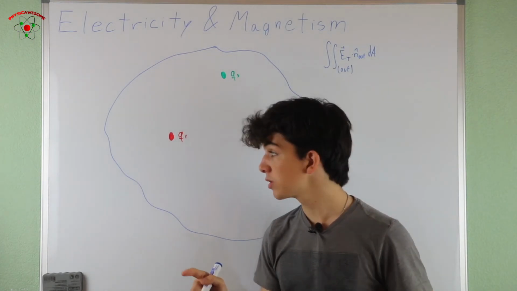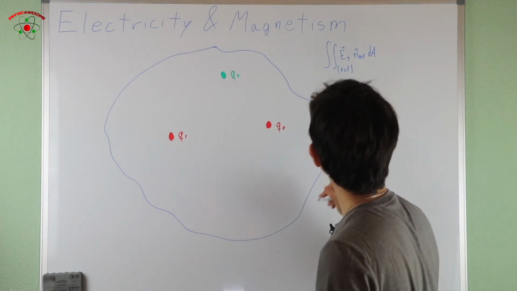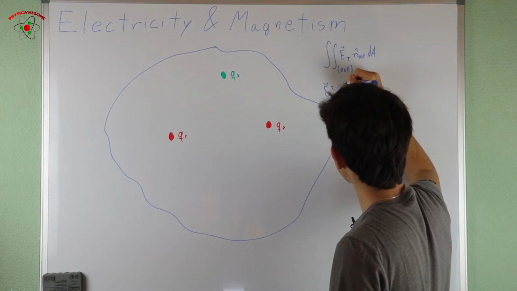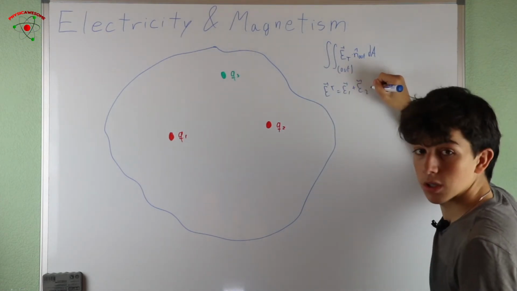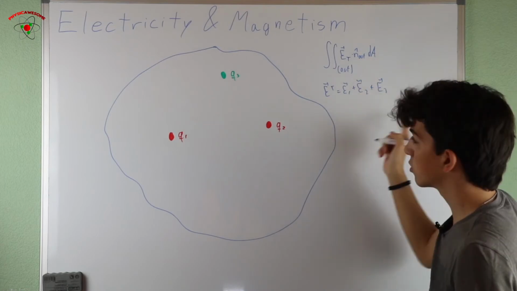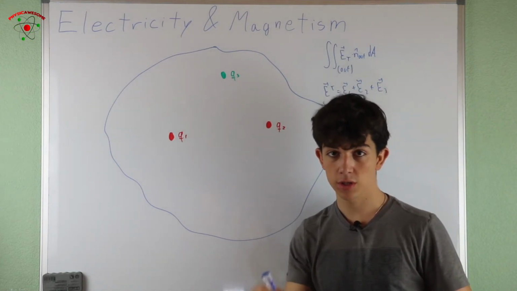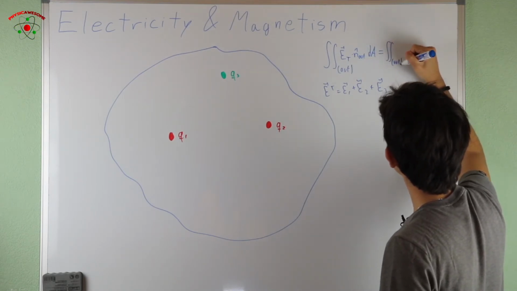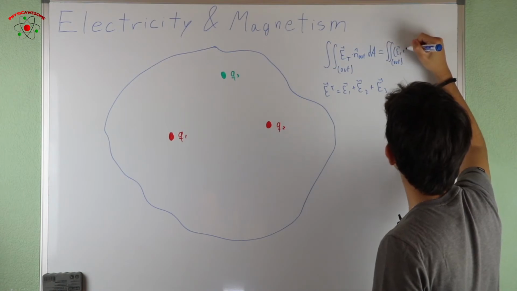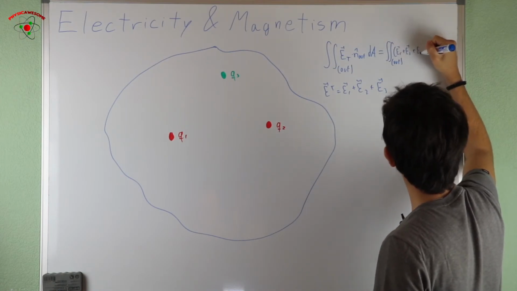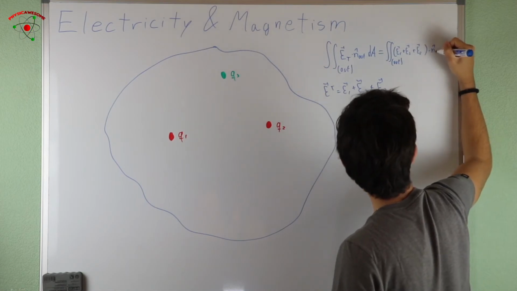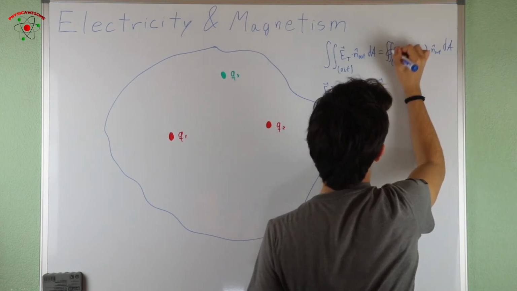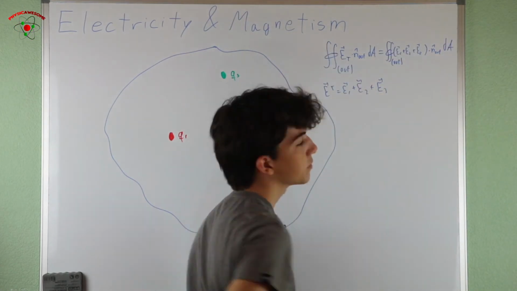However, we know that this total electric field is no other thing than the sum of E1 plus E2 plus E3 from the contributions of each of these charges. Therefore, this is really the same integral of E1 plus E2 plus E3 times n hat out dA, and those are closed integrals.